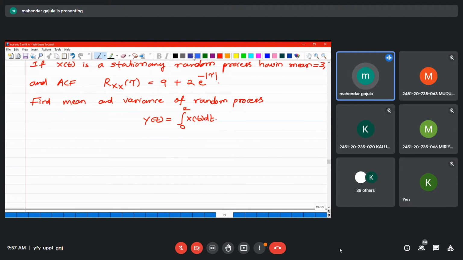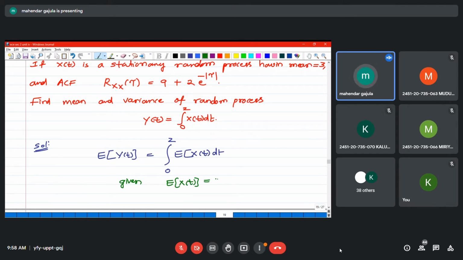Finding the mean is directly applying expectation on yt. So this is the integration from 0 to 2 of expectation of xt dt. What is given?